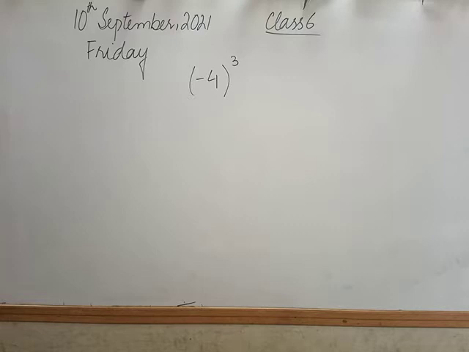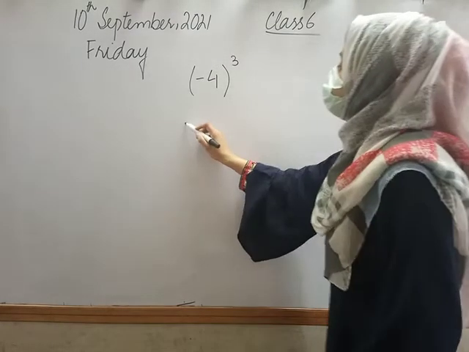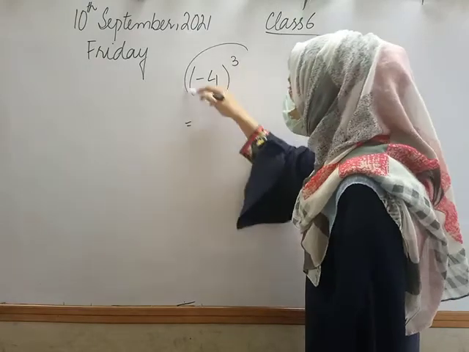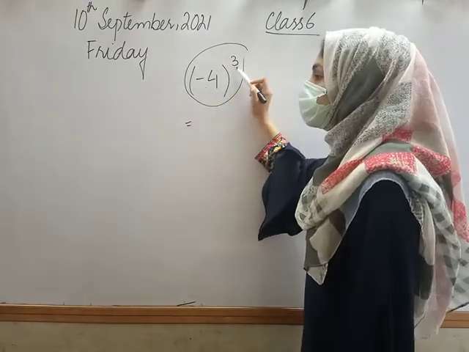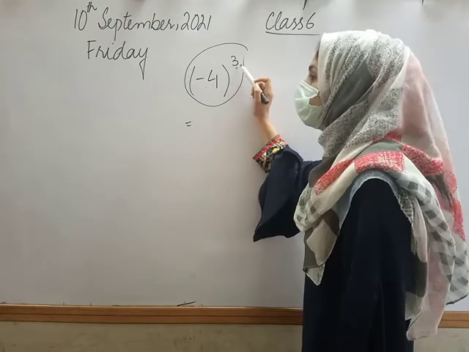What is representation of -4 power 3? Who will tell me? Zunain. Very good. It simply means class -4 is a number which is repeating itself 3 times.